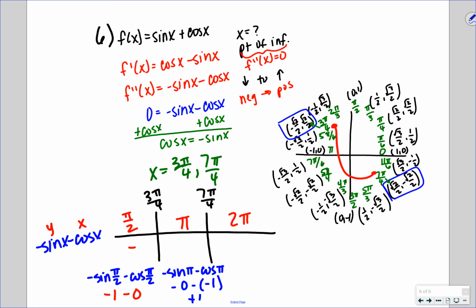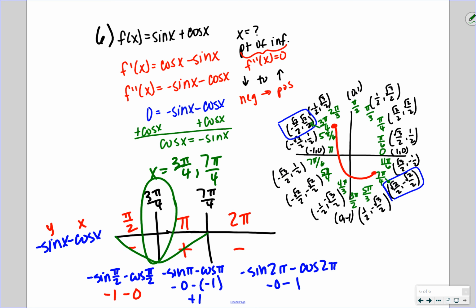This would be a positive 1. Positive. Okay, plug in 2 pi. Negative sine of 2 pi minus cosine 2 pi. Negative 0 minus 1, back to negative. So I wanted to know where it goes from concave down to concave up. So from negative to positive, there it is right there. X is 3 pi over 4. That is B.